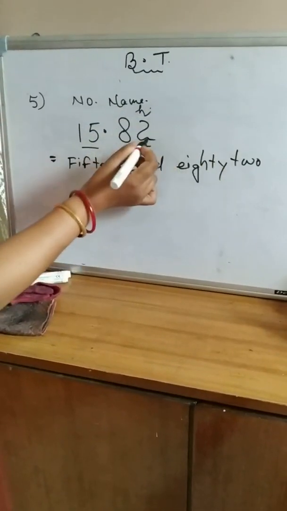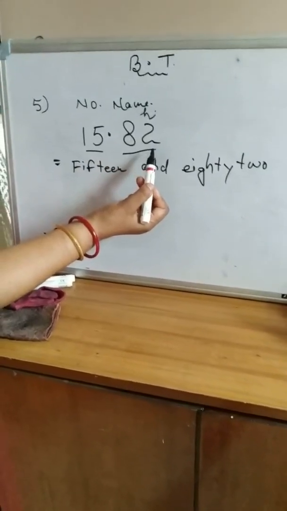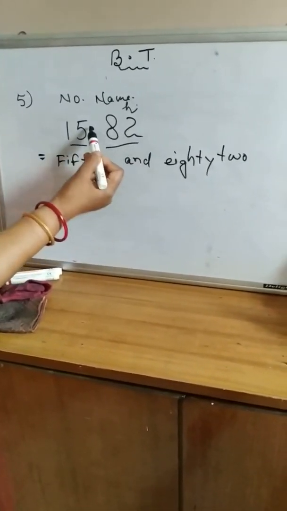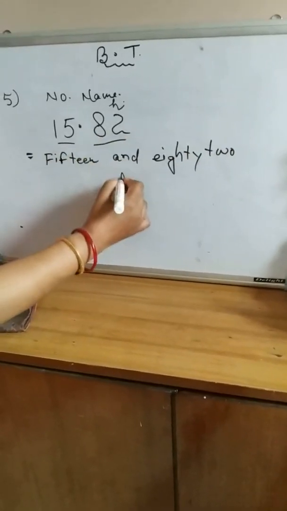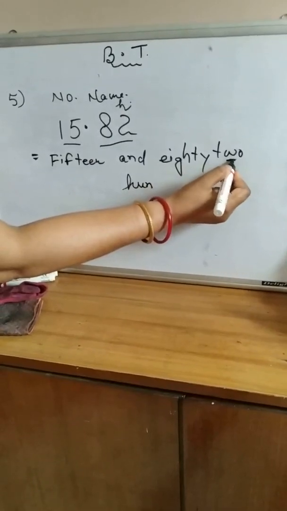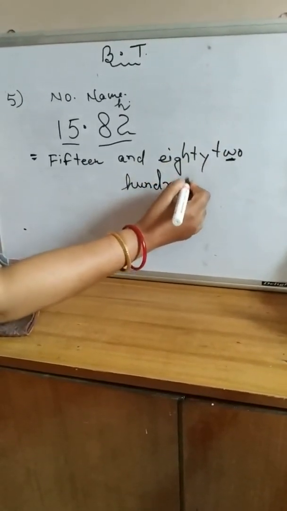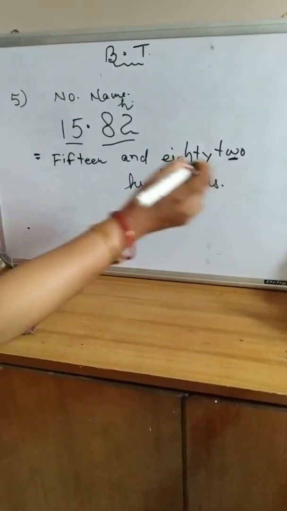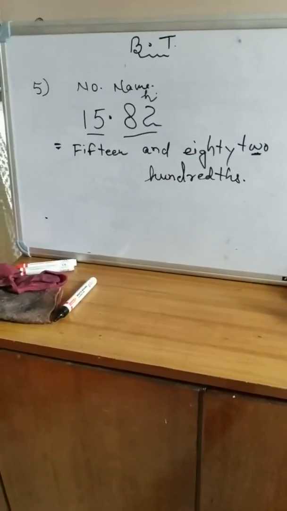So we have to mention the place value of the digit that is at the extreme right of the decimal, that is hundredth. Right? So you have to do question number 5, you have to write the number name.